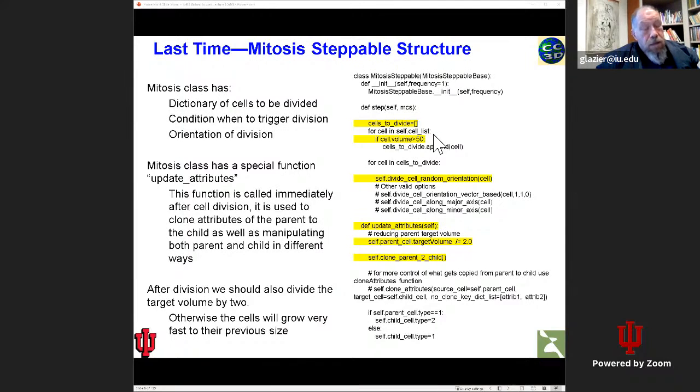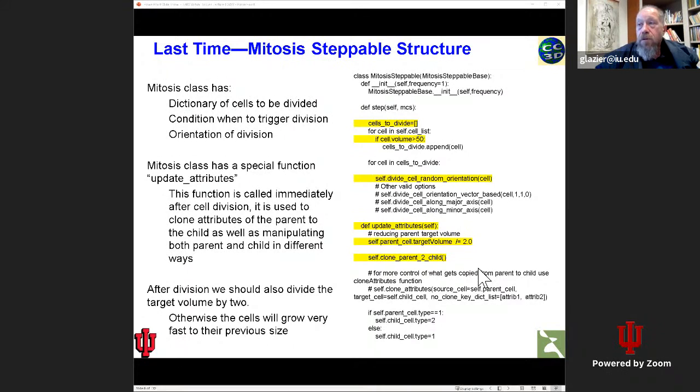Sometimes you're lucky and Python behaves itself, but it can crash Python completely, or it can give you completely strange, wonky results. There is no defined answer when you change the list you're iterating over. And so, as a matter of best practice, sweep your cells, decide which ones are going to divide, and then do the division.